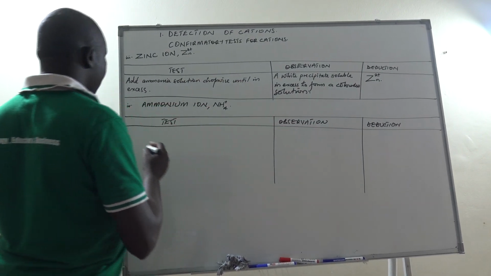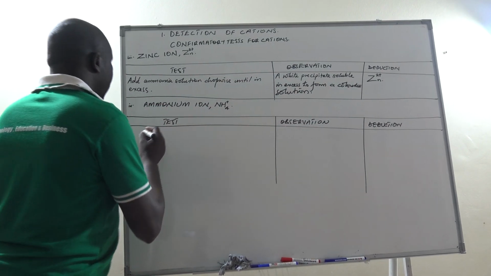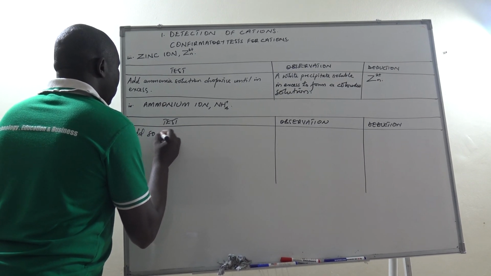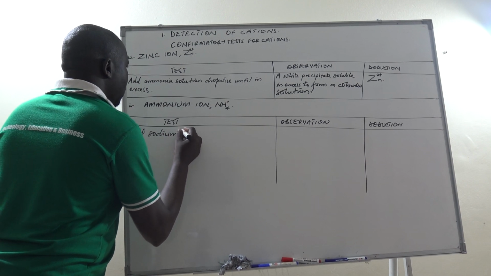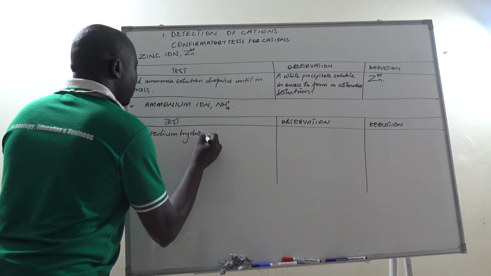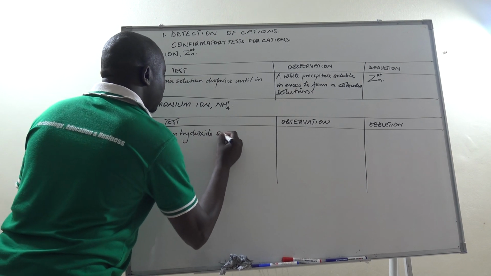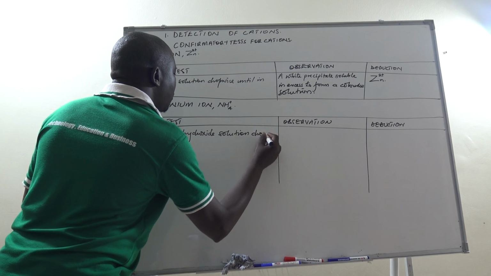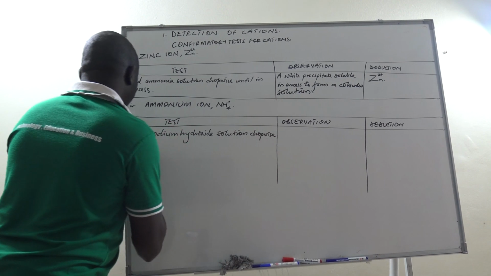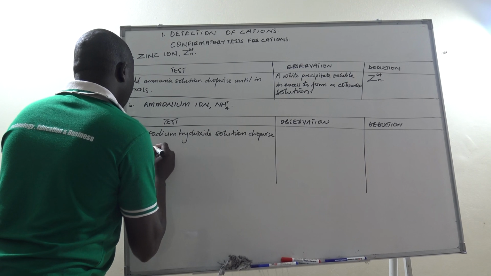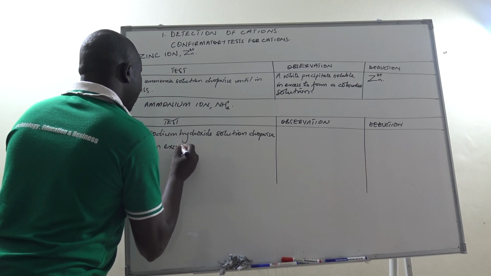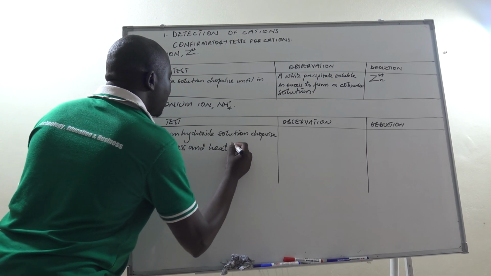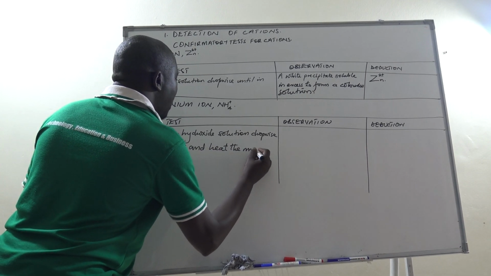So for ammonium ion, we said that we can use sodium hydroxide solution in that we add sodium hydroxide solution dropwise until in excess, and then we heat the mixture.